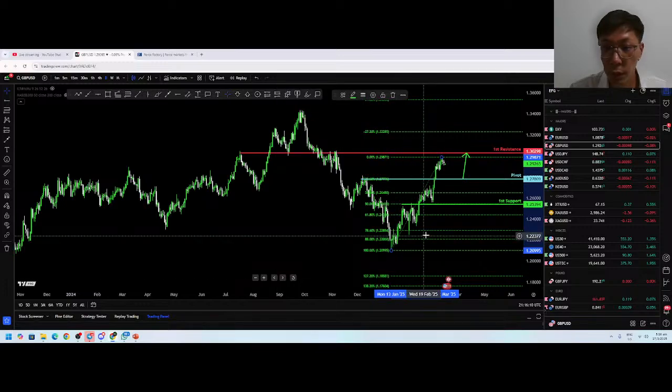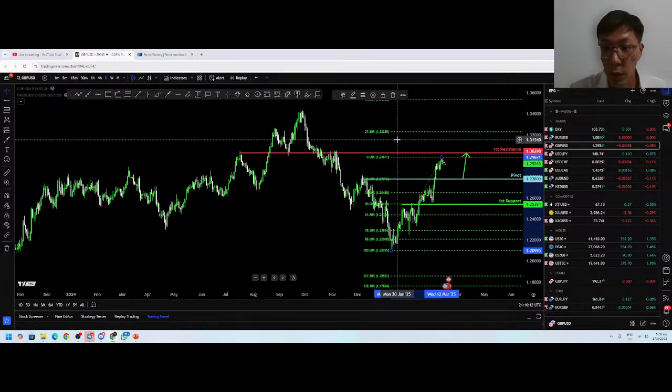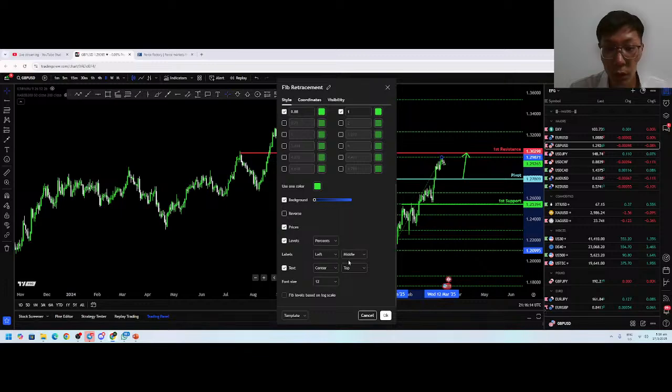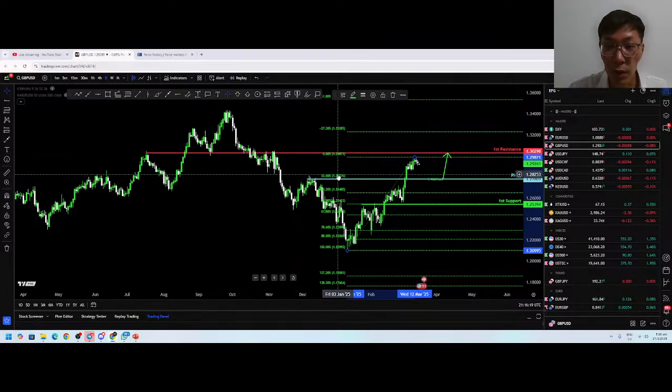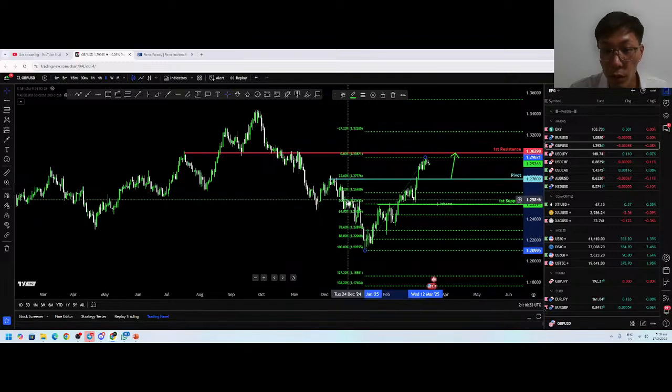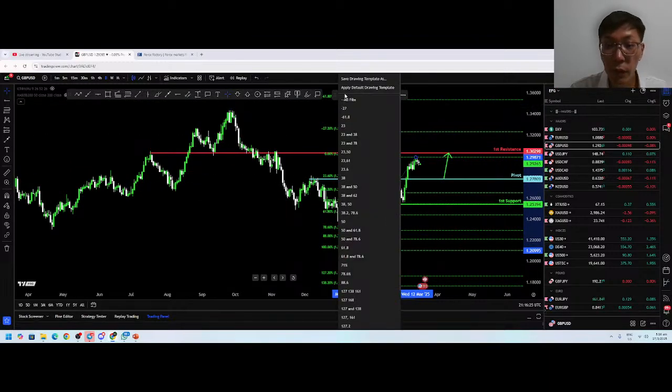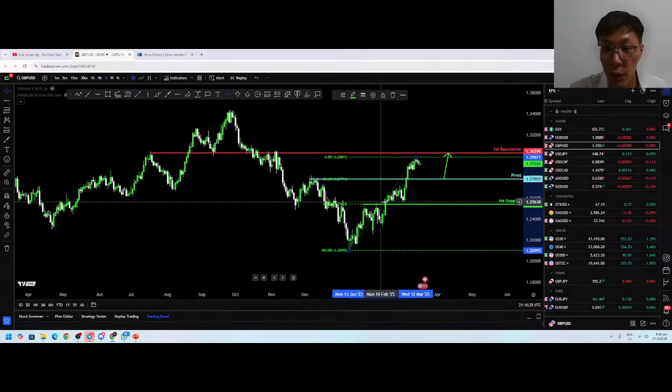Okay, so it aligns nicely with the 23.6 for our pivot point, and for our support, it aligns nicely with the 50% retracement level over here.